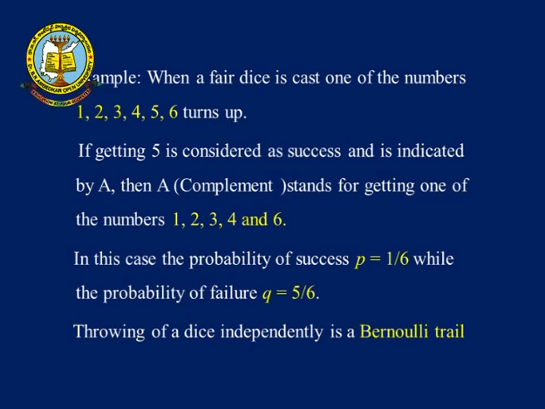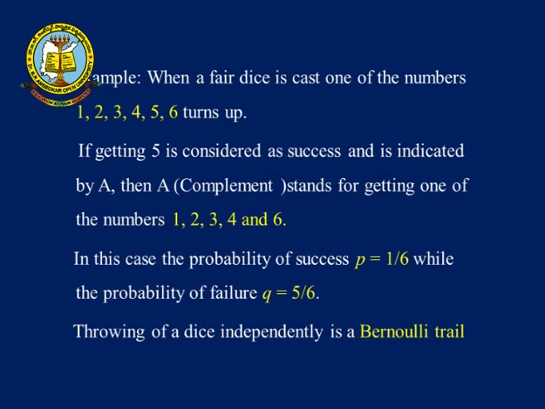In this case, the probability of success P is equal to the favorable number of cases by the exhaustive number of cases. What is the favorable number of cases? Only one, that is getting 5. The total exhaustive number of cases are all possible outcomes, 1, 2, 3, 4, 5, 6, totally 6.